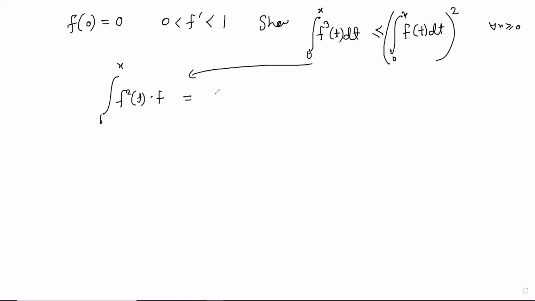D of integral of f. No, so what is it supposed to be? It's supposed to be like this. No. It will not work, I think. Because it might work, but let's just do it then. So this would be f squared.